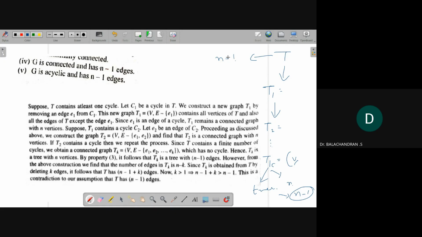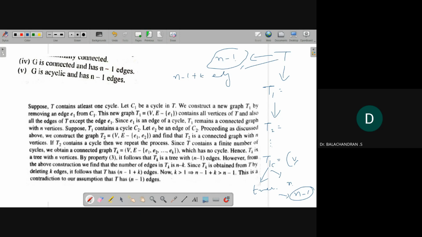In the assumption we assumed n minus 1 edges, but we removed k edges, E1 to Ek. So if Tk itself has n minus 1 edges, T should have n minus 1 plus k edges.